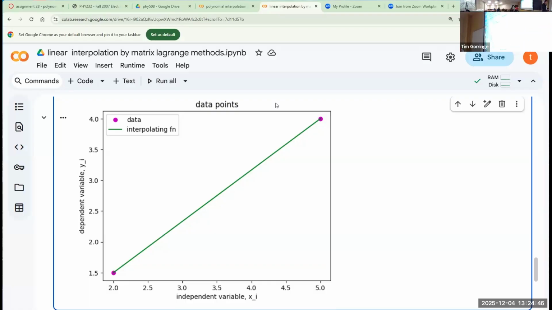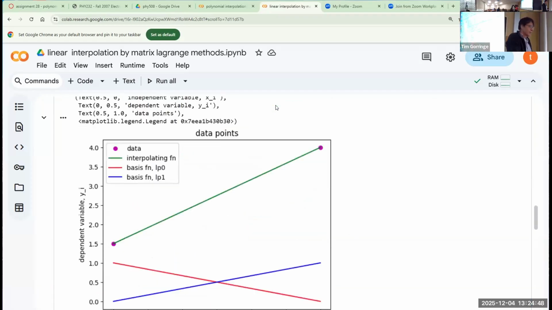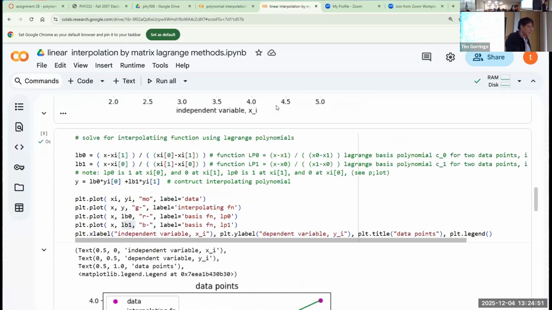If I scroll back to the case where I did calculate the interpolating polynomials, so that we could take a look at the individual interpolating polynomials, this was fine when I had two data points. And it's okay if you have three data points or four data points. Your expressions for the interpolating polynomials get a bit more complicated, but they're manageable.